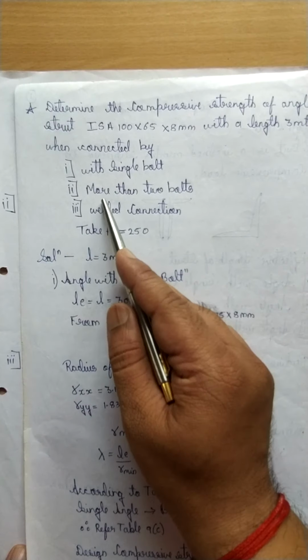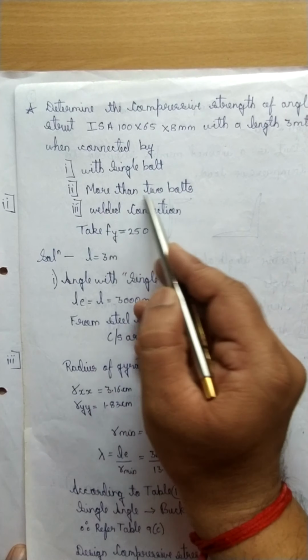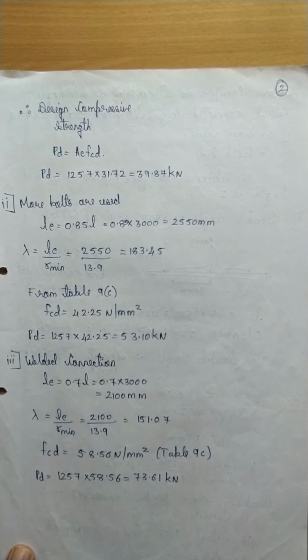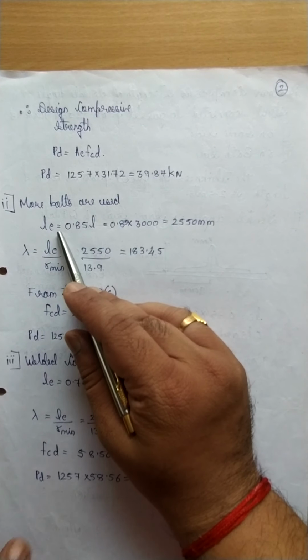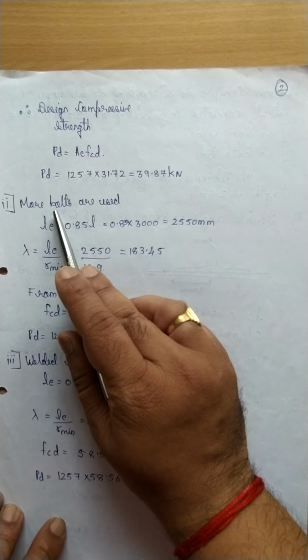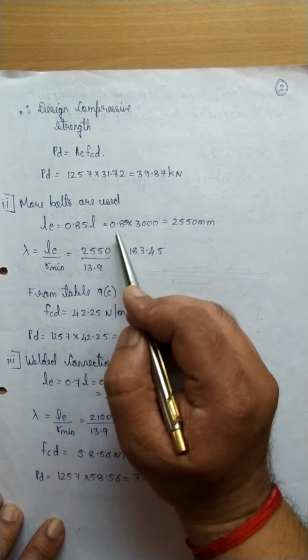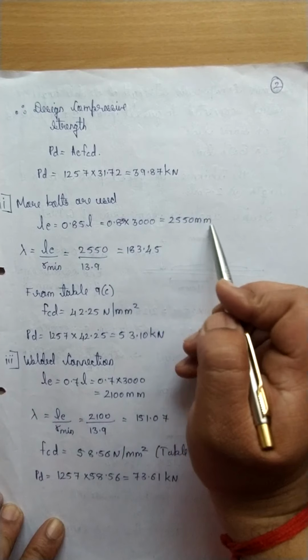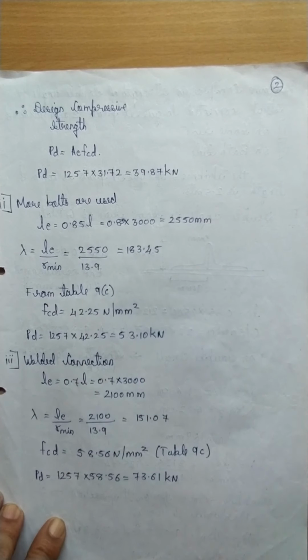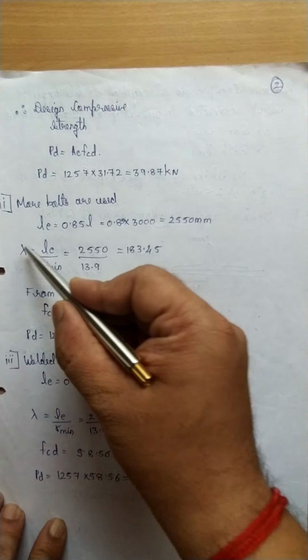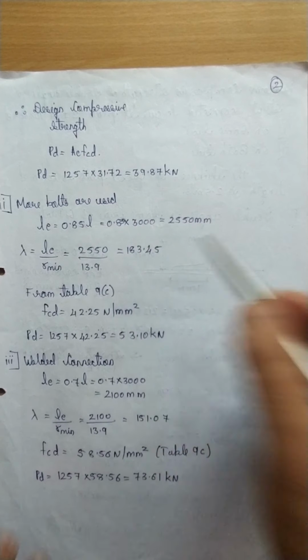Now, let us see the second condition, that is when the angle is connected with more than 2 bolts. Here the effective length will change. The effective length for connection with more than 1 bolt is LE equal to 0.85 L. So, it will be 2550 mm. R minimum remains the same for the angle section. So, lambda works out to be 183.45.